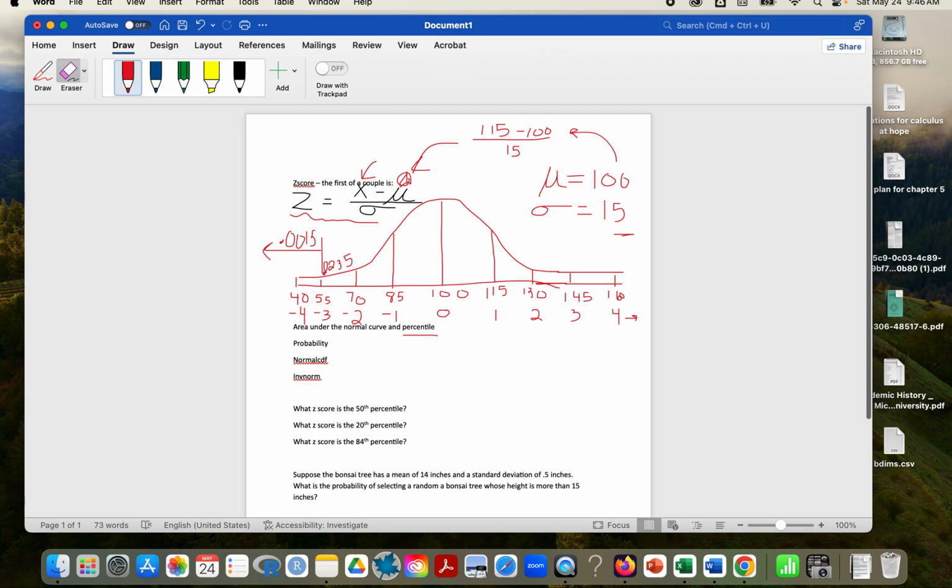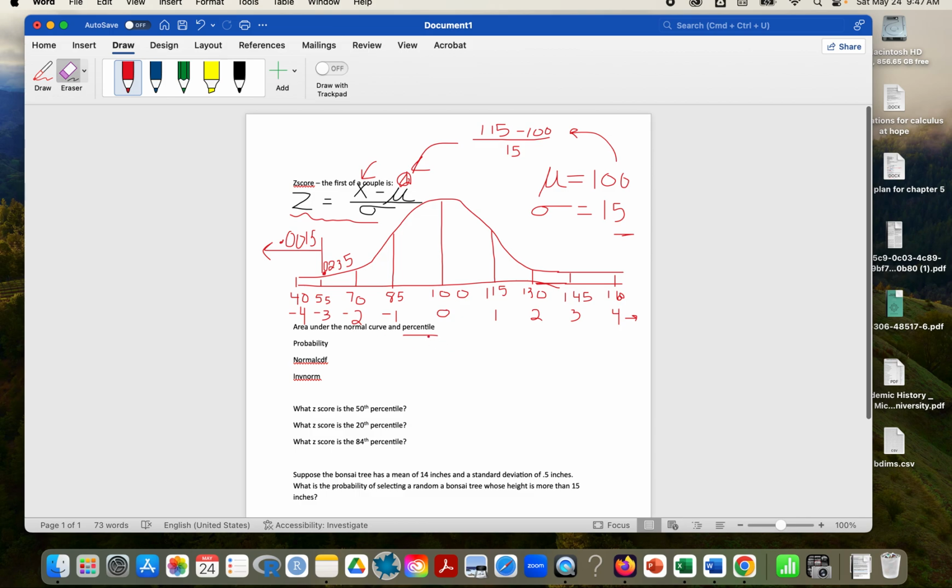Okay. Now, if we add these two values up, we are at 2.5%. And so 70 is the raw data point that has 2.5% to the left. So the z-score that has 2.5% of the area to the left is -2.